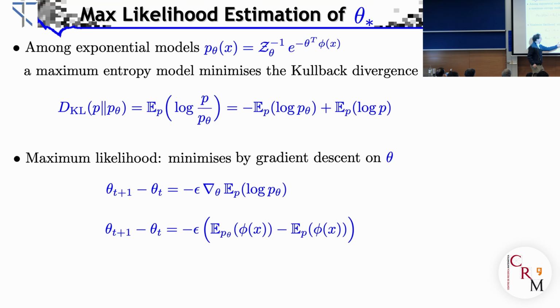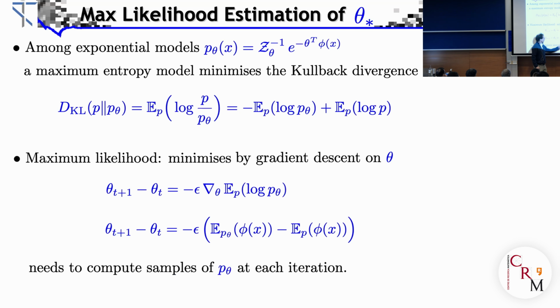And indeed, this is going to be minimum. In other words, the derivative will be 0 when these moments are equal, which is another way to say the maximum entropy distribution, which has the right moments, can be written that way with the appropriate moments over there. So you can compute this gradient.